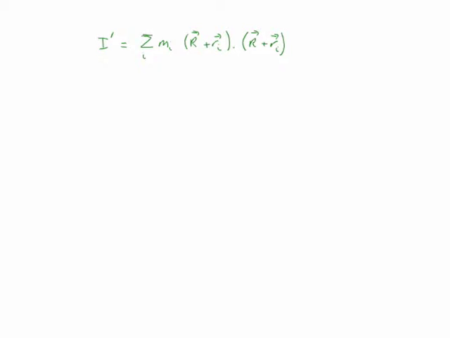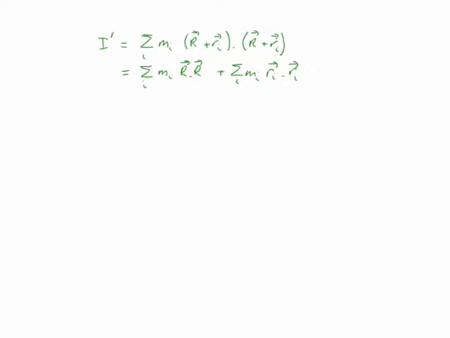Well, we can expand this out, and so if we expand this out, we get the sum over i of m_i times big R dotted with big R, right? Plus the sum over i of m_i times r_i dotted with r_i, right?